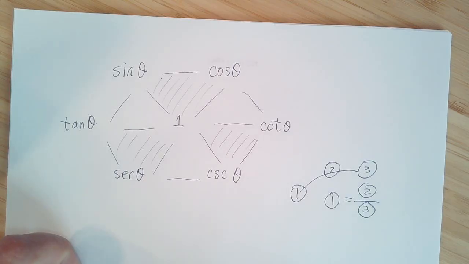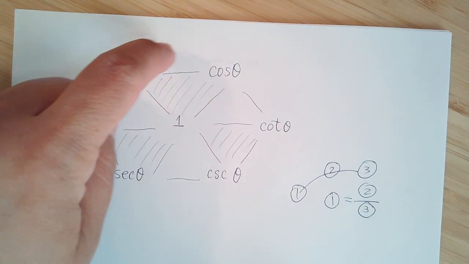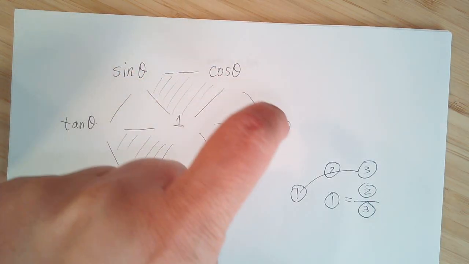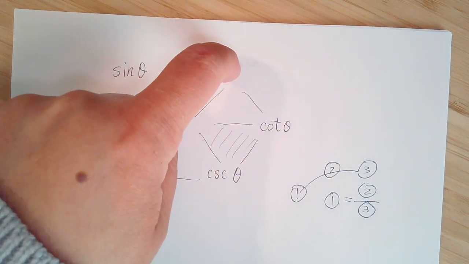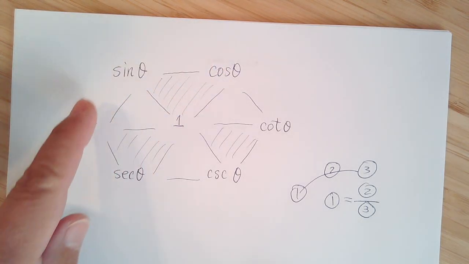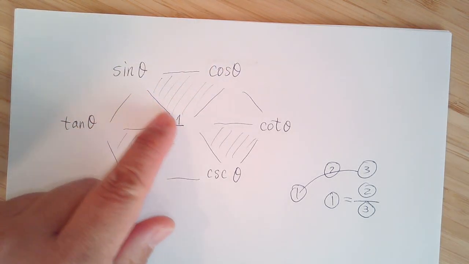Yet, not only that, it also shows you the quotient identities. Tangent is sine over cosine. Sine is cosine over cotangent. Cosine is sine over tangent. Okay, you can kind of think this is the same.